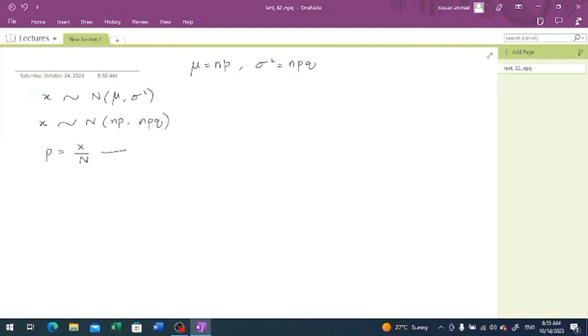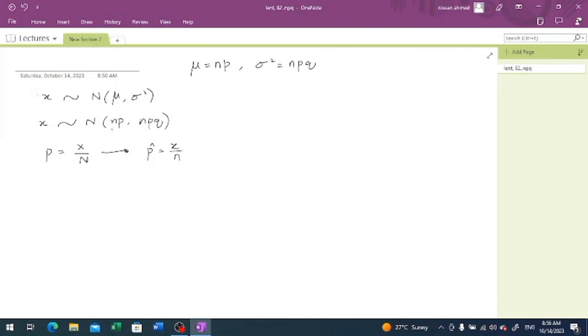Its corresponding sample statistic we indicate as p hat or p cap, represented as lowercase x divided by lowercase n. Lowercase x in the sample may represent the number of individuals who agree to something, divided by the total number of individuals in the sample.